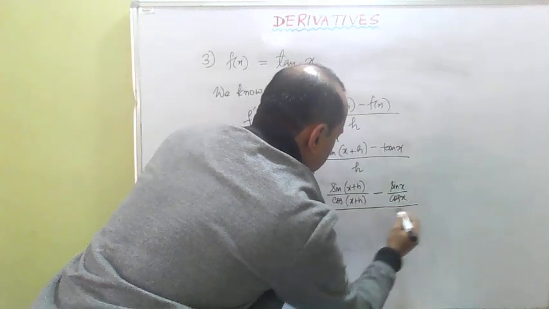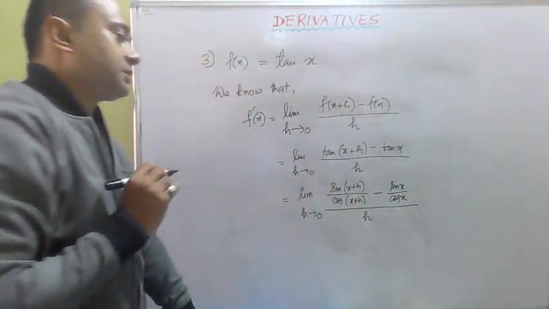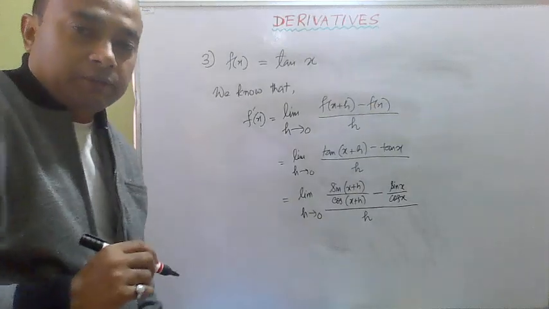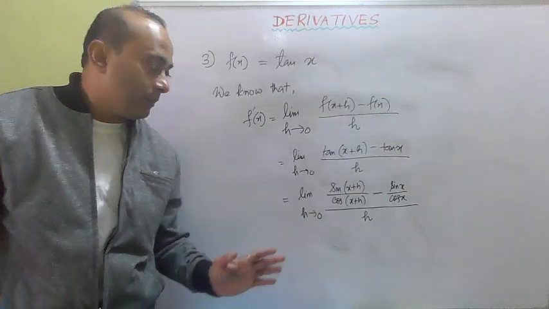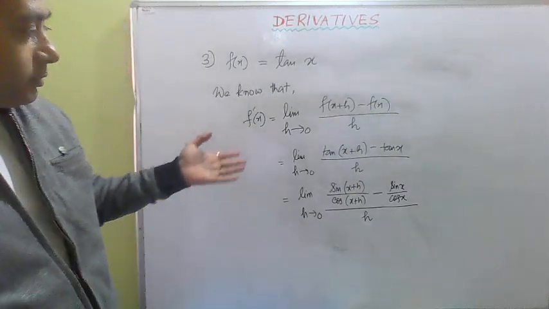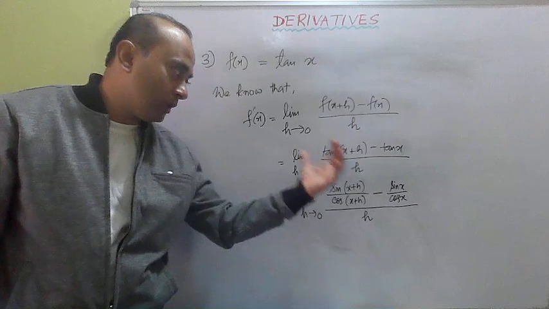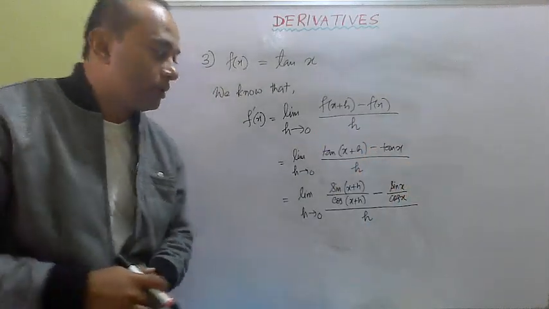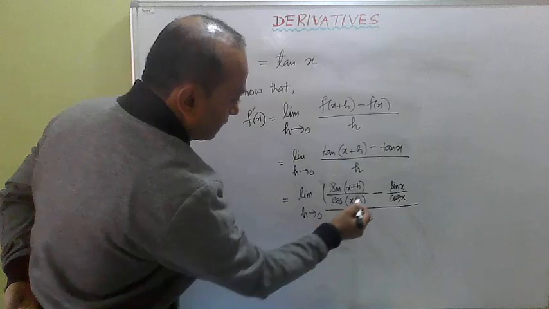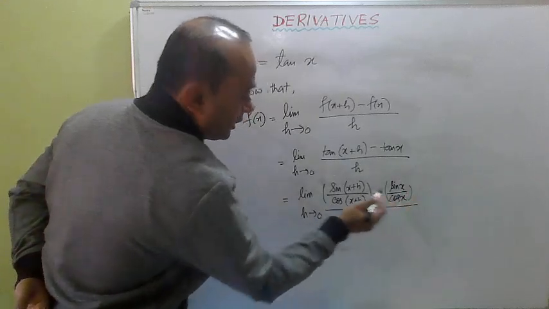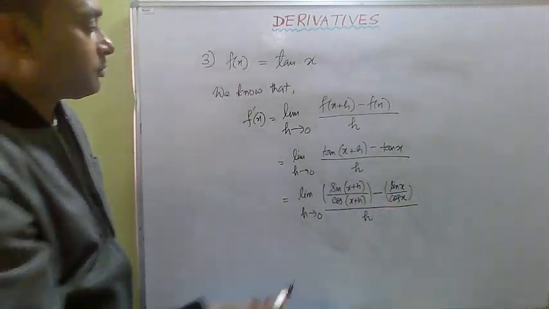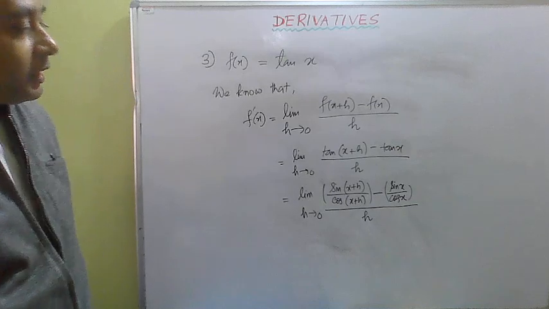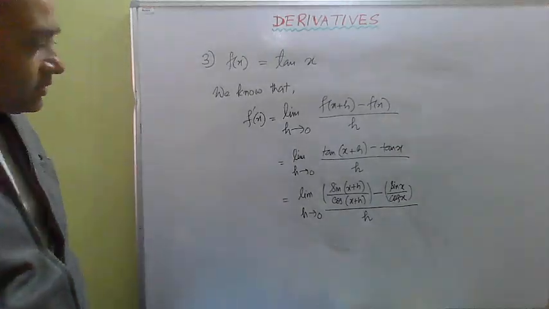The entire thing is divided by h. In fact, whenever we come across the trigonometric function of tan one function minus tan another function, we have seen in chapter 3 also, always we go for this conversion. That means we have to convert in terms of sin and cos, because there is no formula like tan C minus tan D. And after this, things are easier now.